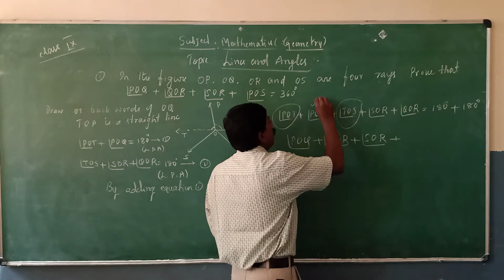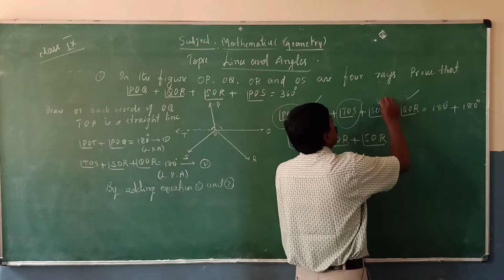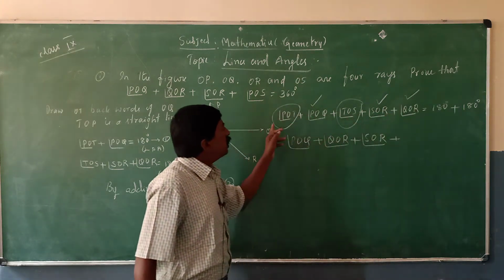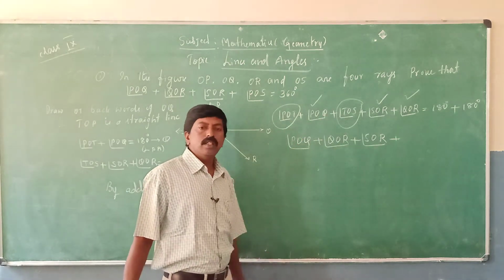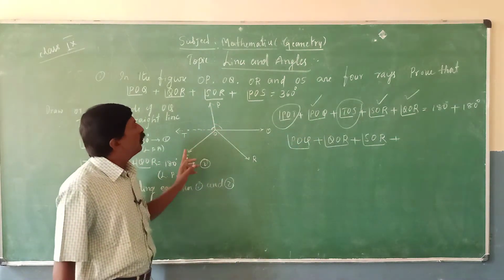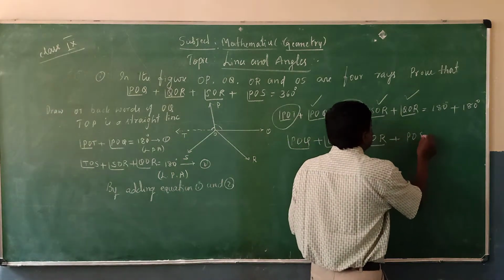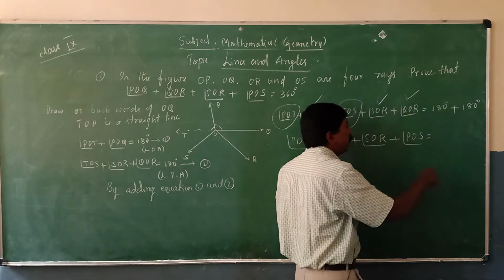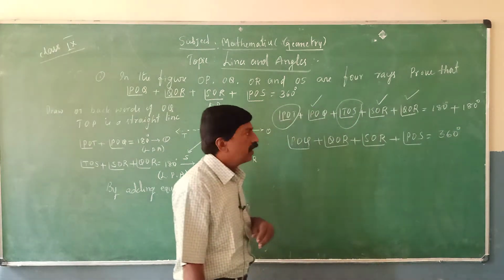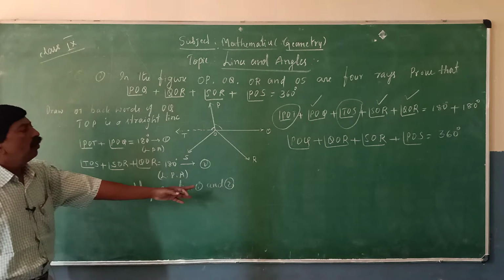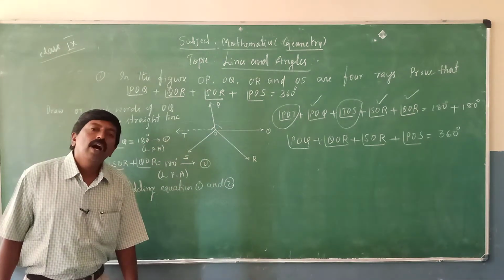Observe here, POQ we have written, QOR we have written, SOR we have written. The sum of POT plus TOS is POS, which is equal to 180 plus 180, that is 360 degrees. So like this, we prove it by taking linear pairs of angles.